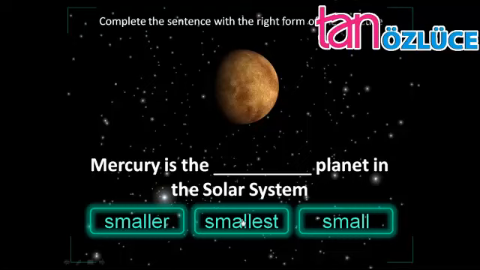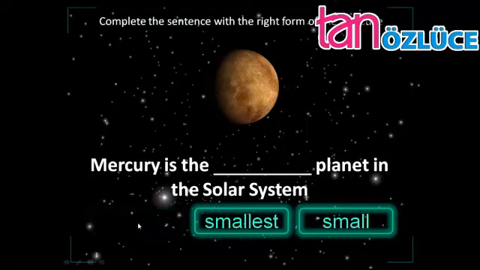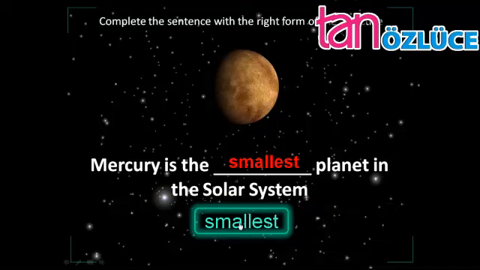It will be smallest, but let's try to do it smaller, okay? It's superlative form, but we don't need to do all the answers correctly, okay? Sometimes the teacher can make mistakes, and so I chose small. Oh, it's not right, it's not correct, and so I have to choose this one. Okay.